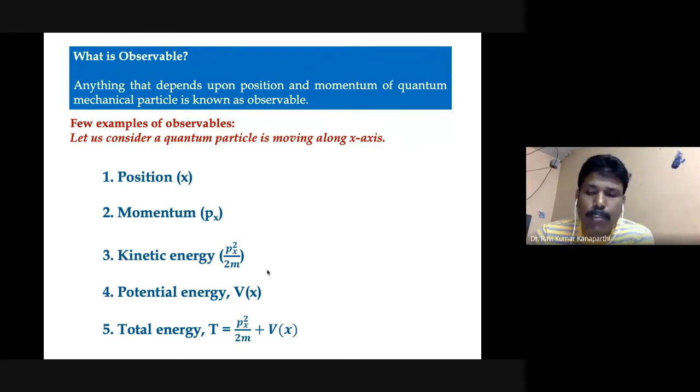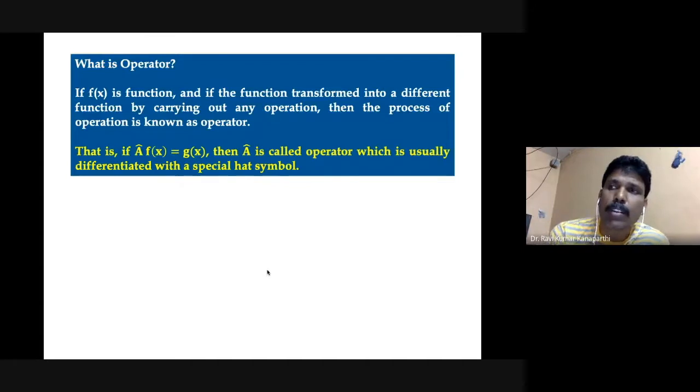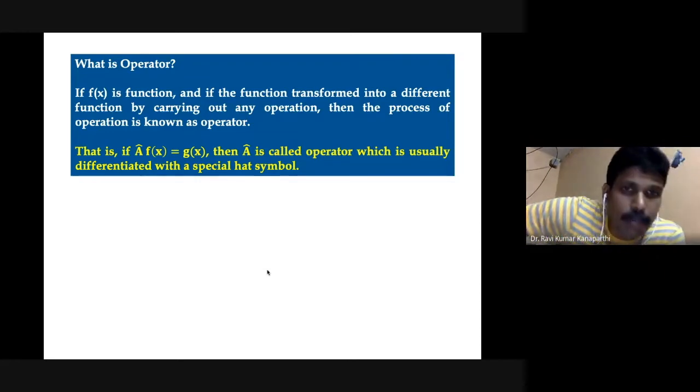So observables are anything that we may come across in physics. These are actual real quantities. We are interested in them because if you want to know how a system is behaving, the only possibility is that you have to measure these observables. Only then will you understand the system.